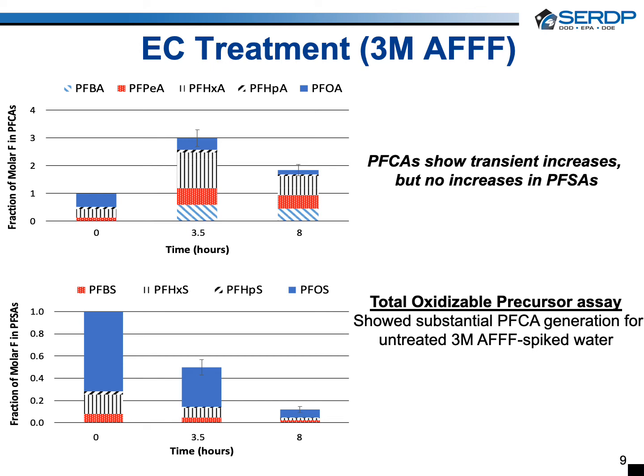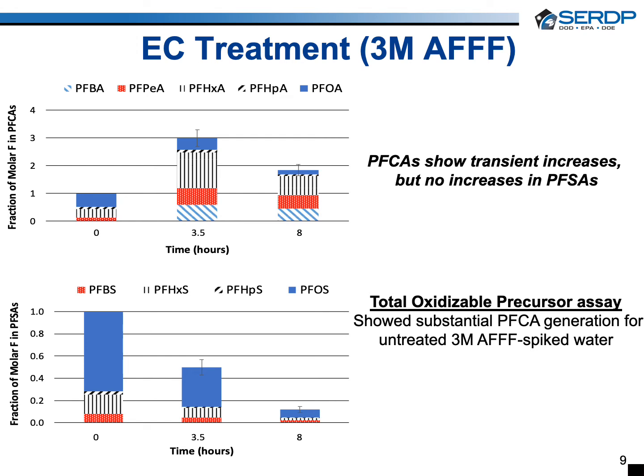Over time, the perfluorinated sulfonates all decrease, not just the long chain compounds, but the short chain compounds as well. You don't see any indication of transient intermediates forming or any transient generation of the perfluorinated sulfonates. So I think this is a pretty nice story. Again, we see both the long and the short chain compounds going away.